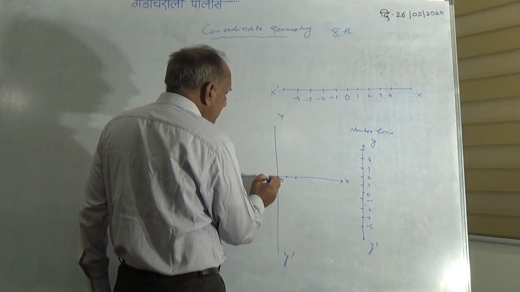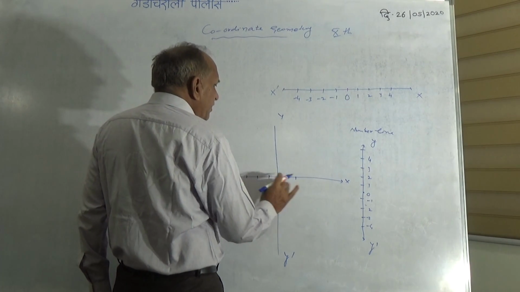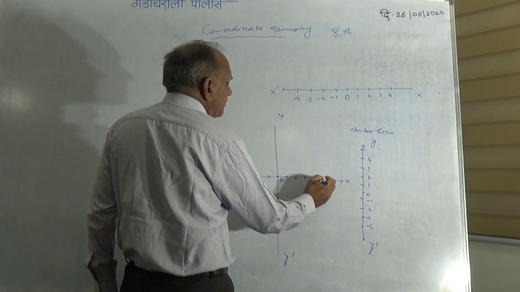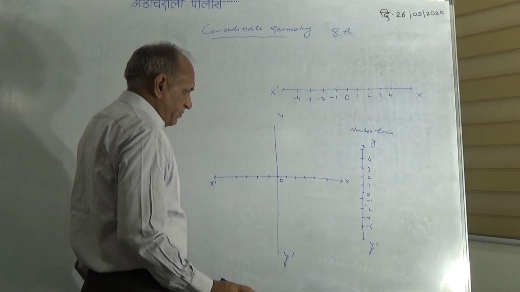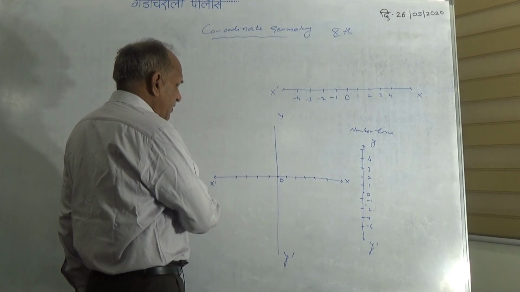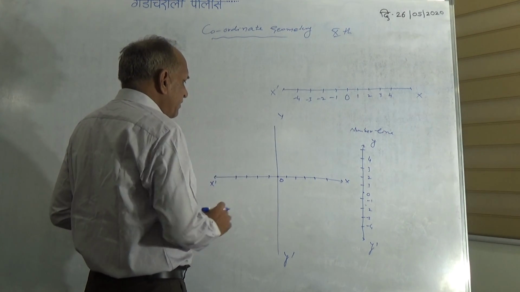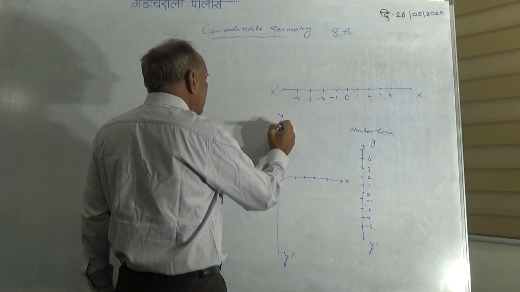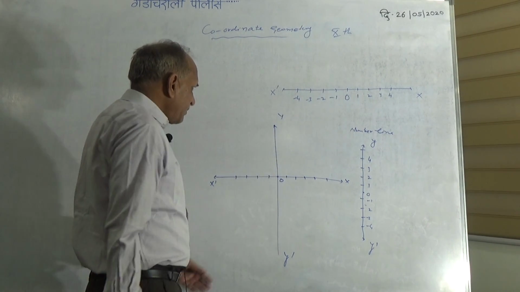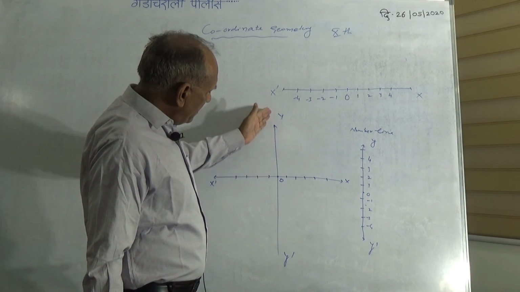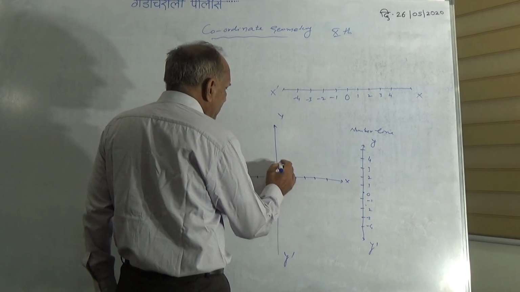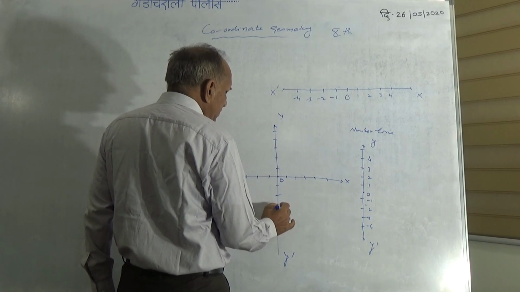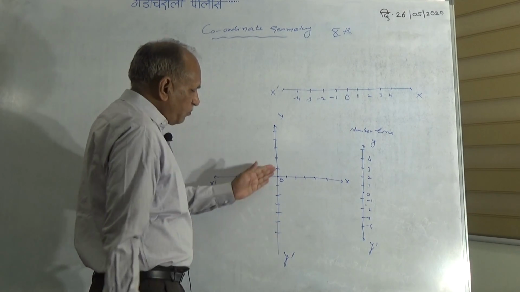Therefore, towards the OX side, all the points are positive, and toward the negative left-hand side, all the points are negative. Above the line, that is OY, these points are positive. Below, these points are negative.